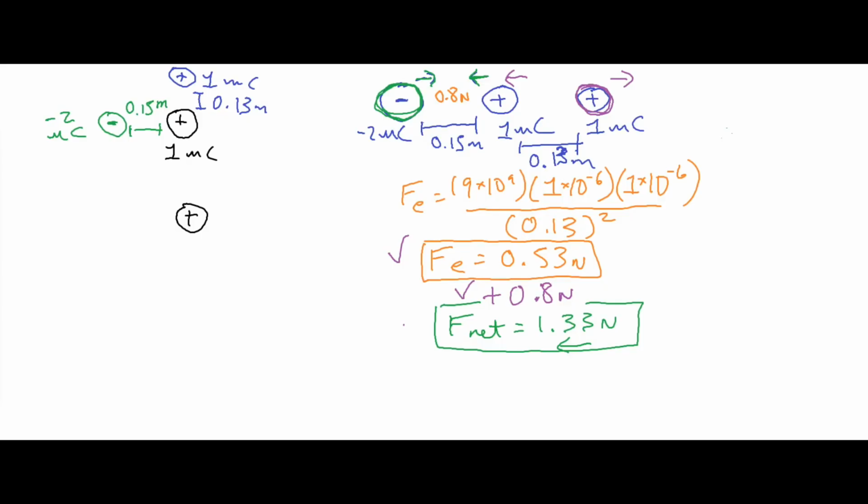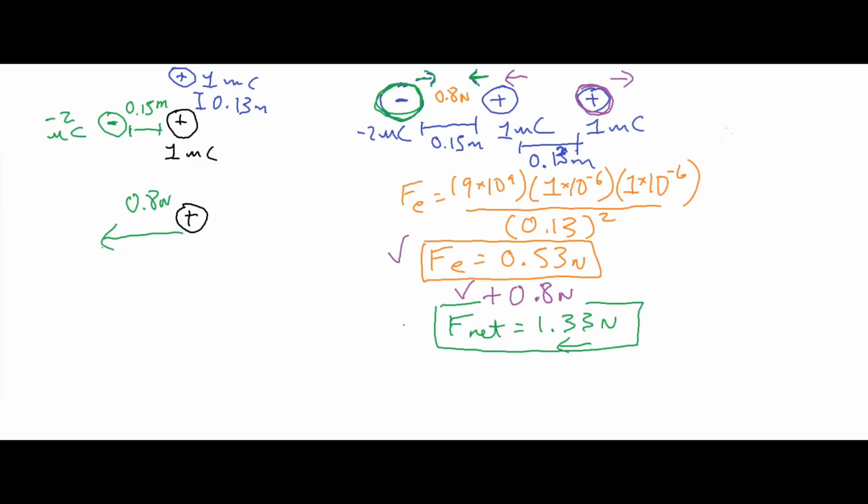Since we know the answer to this already, the green one is pulling it to the left because it's a force of attraction, and that's the one we got 0.8 newtons for. And the blue one is repelling it downwards.